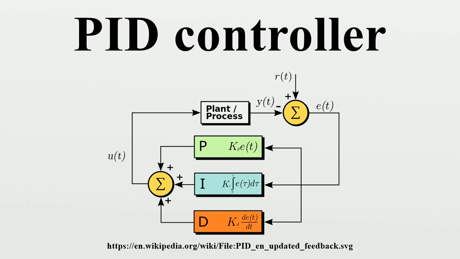Ku and the oscillation period Pu are used to set the gains as shown. These gains apply to the ideal, parallel form of the PID controller. When applied to the standard PID form, the integral and derivative time parameters are only dependent on the oscillation period. Please see the section, Alternative Nomenclature and PID Forms.